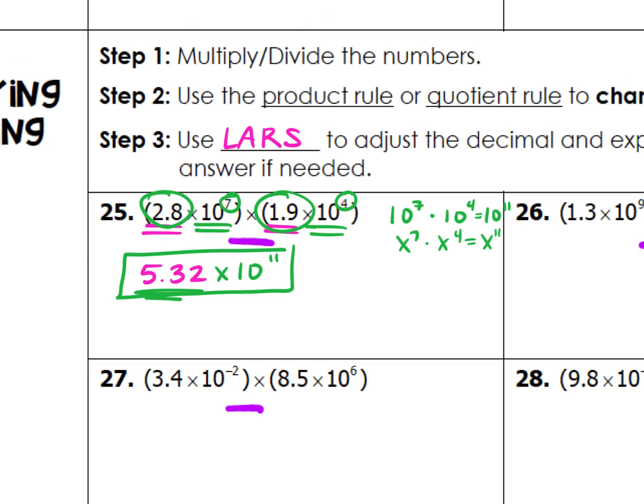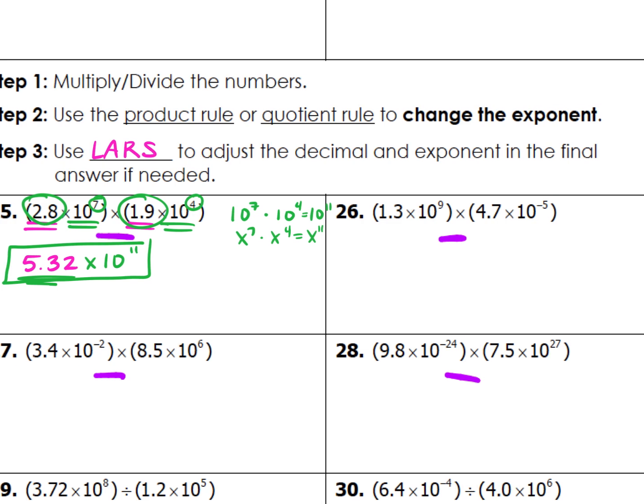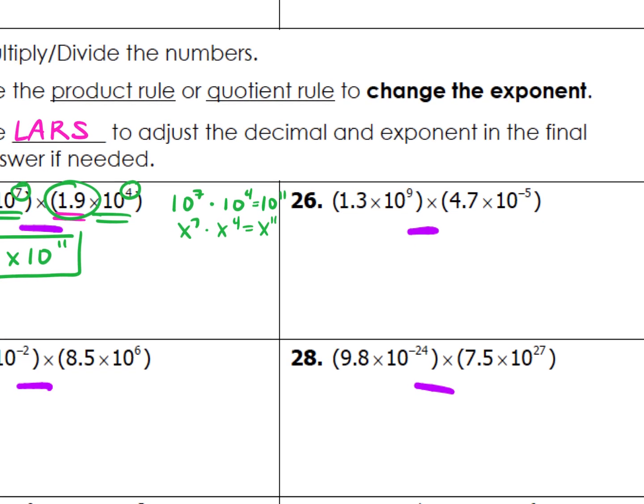Okay, let's do one more of those. Look at 26. This one has the negative. Yeah, you're talking about the negative exponent? Yep. So 26, what are you going to do first? It's multiplication.